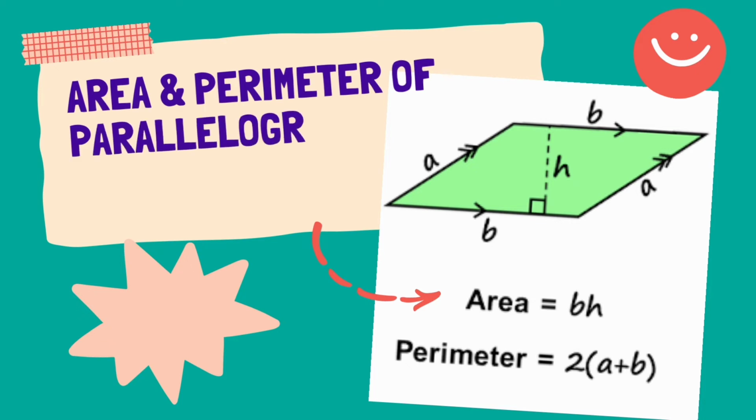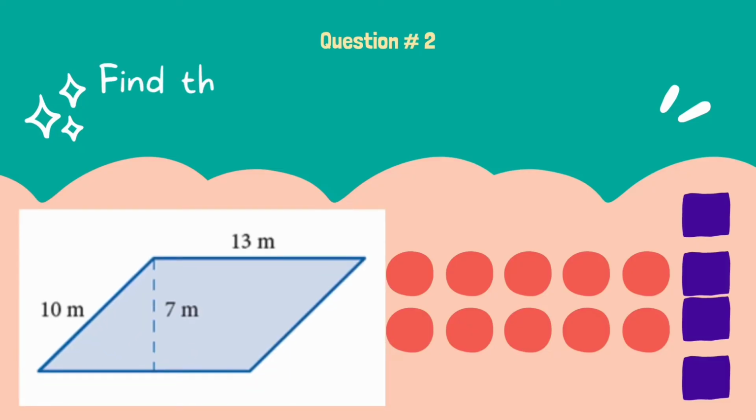So let's take the area and perimeter of another shape, which is the parallelogram. The area of a parallelogram is the breadth times the height, while the perimeter is 2 brackets A plus B, which is the summation of all the sides of the parallelogram.